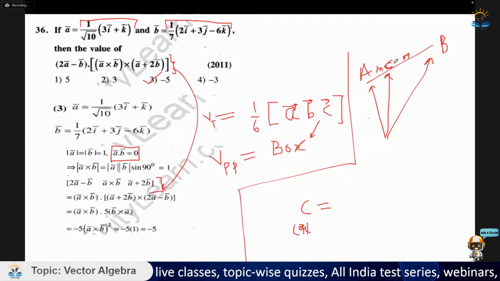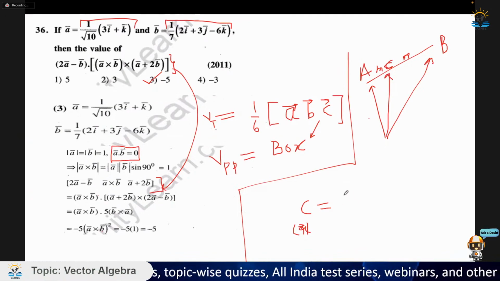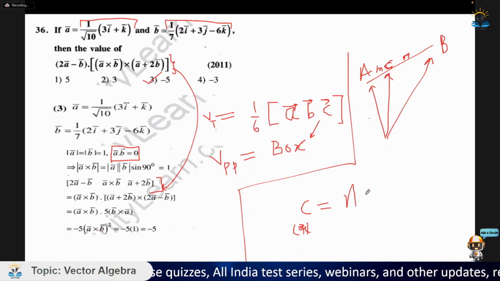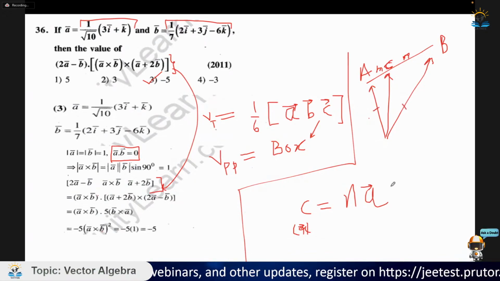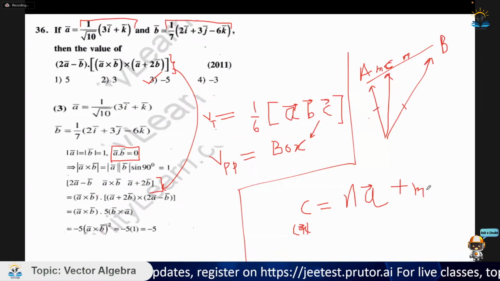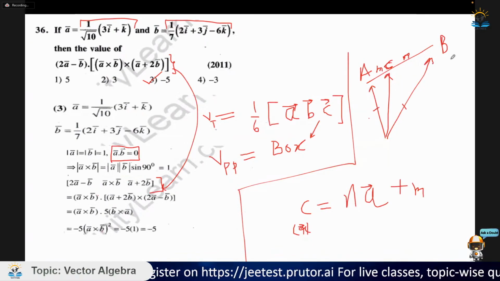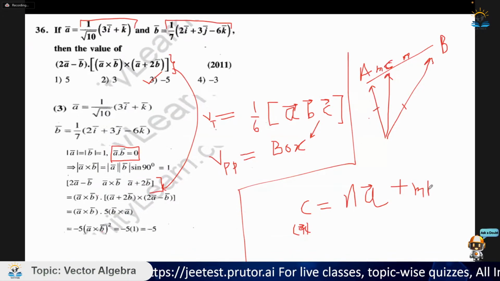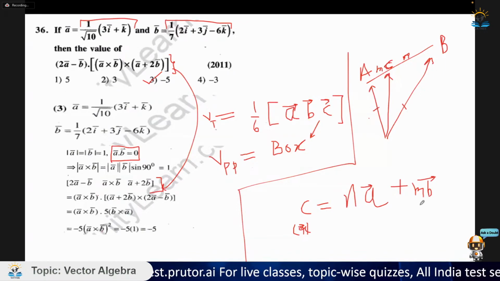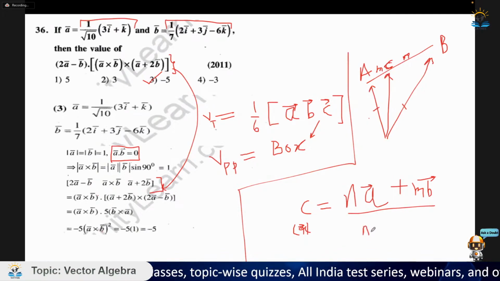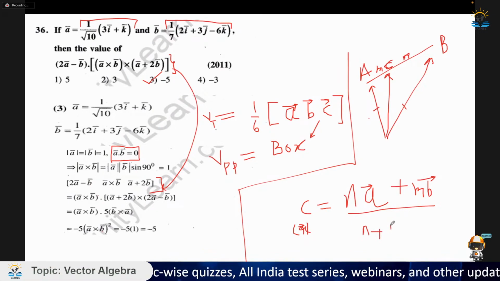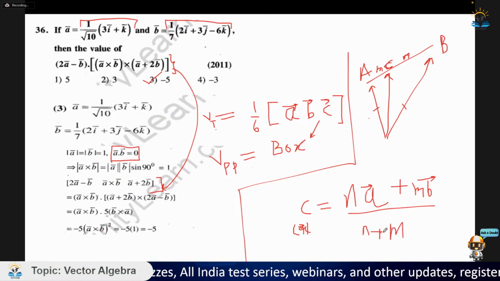The position vector of c is equal to n times a vector plus m times b vector, and we have to just divide by the addition of the ratios, which is n plus m.